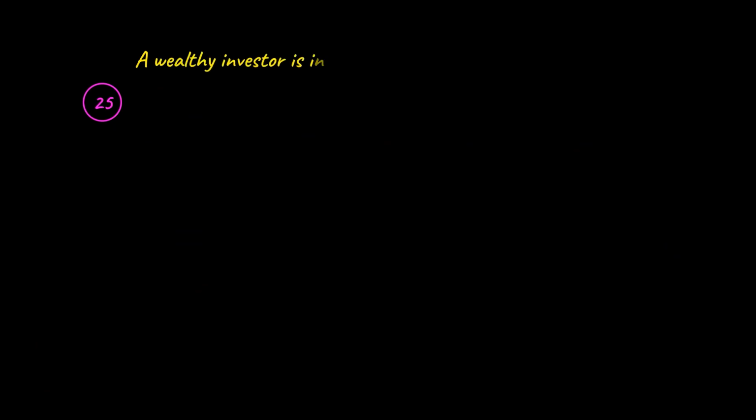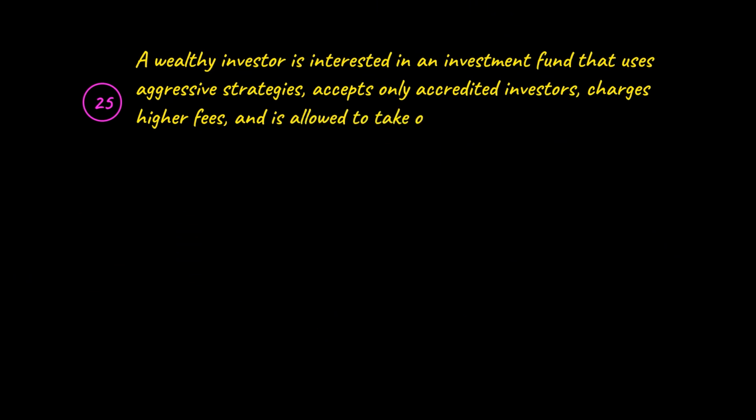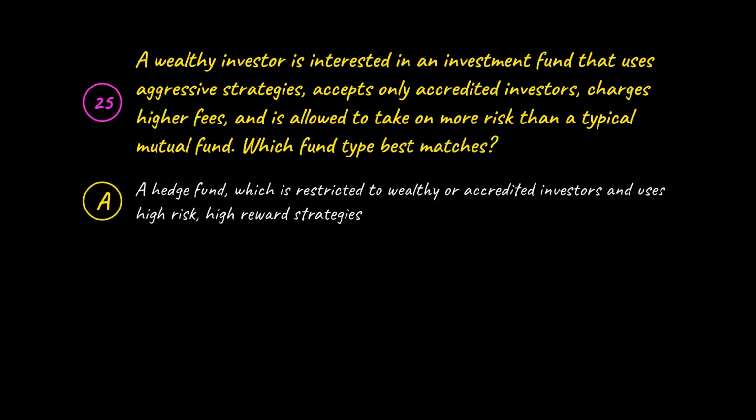Question 25. A wealthy investor is interested in an investment fund that uses aggressive strategies, accepts only accredited investors, charges higher fees, and is allowed to take on more risk than a typical mutual fund. Which fund type best matches? Your options are A, a hedge fund, which is restricted to wealthy or accredited investors and uses high risk, high reward strategies.